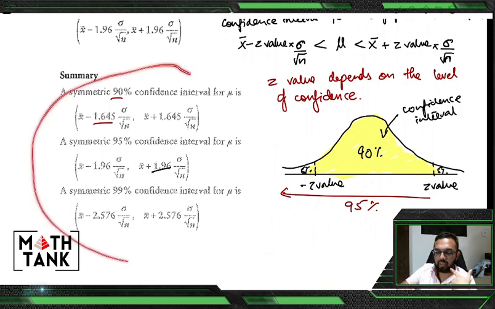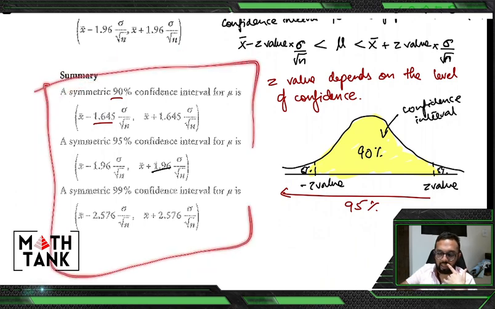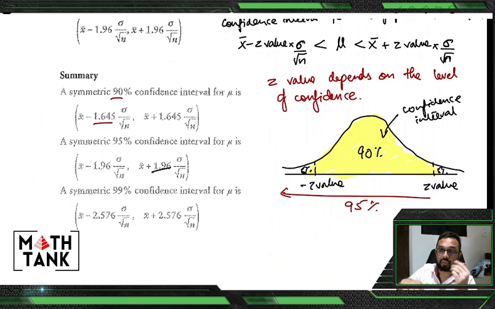I would ideally expect you to remember these three because it comes in handy, but you can also end up with a 98% confidence interval or a 97% confidence interval. Even in those cases, you're going to create a symmetry and then read the table, whatever the percentage or probability that you've been given.